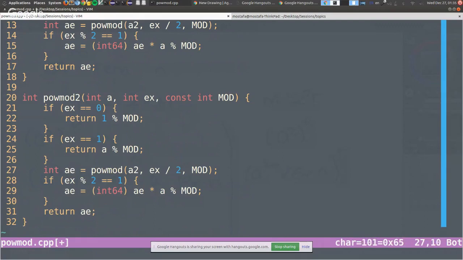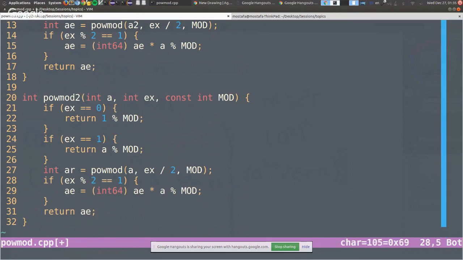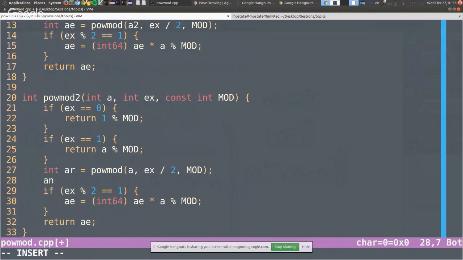so this can be a to the power of r, and as I said, we shouldn't forget the casting.